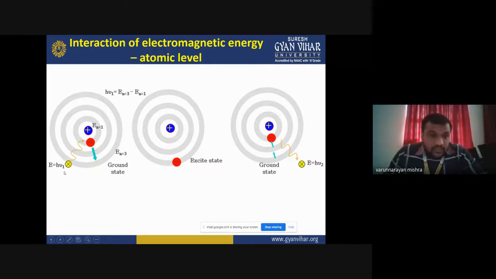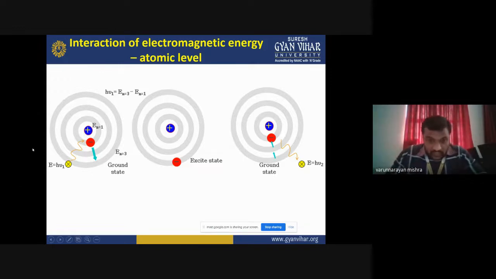When we supply external energy E equals h nu to the electrons revolving around the nucleus of an atom, and it gets heated by the external energy source, the electrons in the lower energy state will reach the higher energy state, or excited energy state.